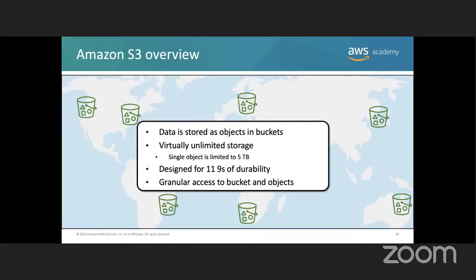So there are different ways to control your bucket and your objects. By default, none of the data is public. It's private by default. You can encrypt your data in transit and choose to enable server-side encryption on the buckets.